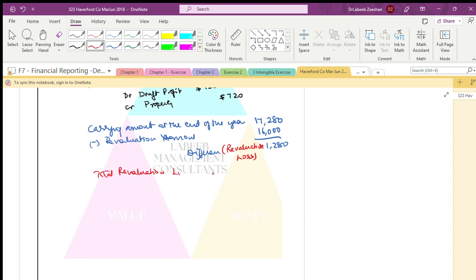Total revaluation loss is 1,280. The revaluation surplus given in the trial balance is 800. How much is left? 480. This has to be debited to the draft profit and loss account.